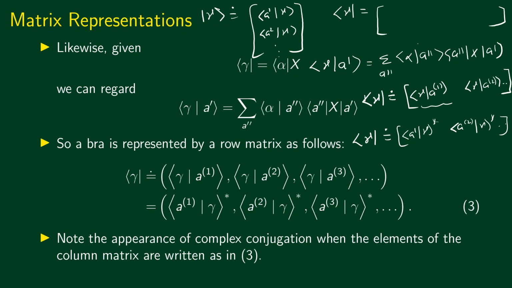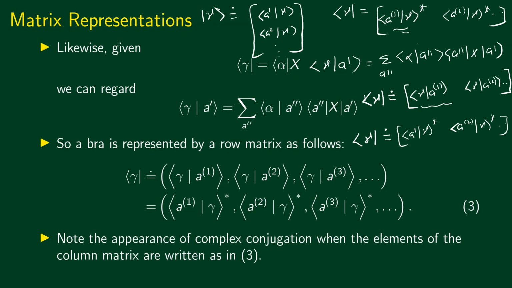What do I have for the elements? I have bra a1 ket gamma star, bra a2 ket gamma star, etc. But you see that the elements here are the complex conjugate of the elements here.